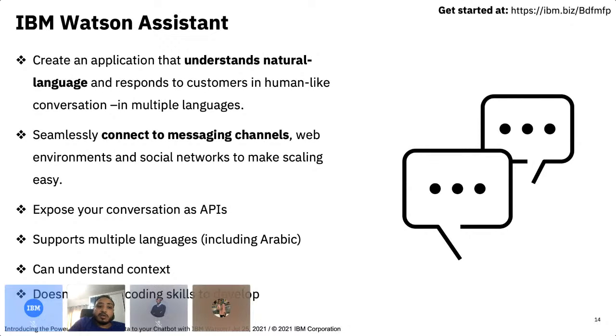And as we spoke before, you can connect it seamlessly to many messaging channels like Facebook, WhatsApp, or even your web application or mobile application, and all of this can be exposed through APIs and used from different applications, like your application or a website.